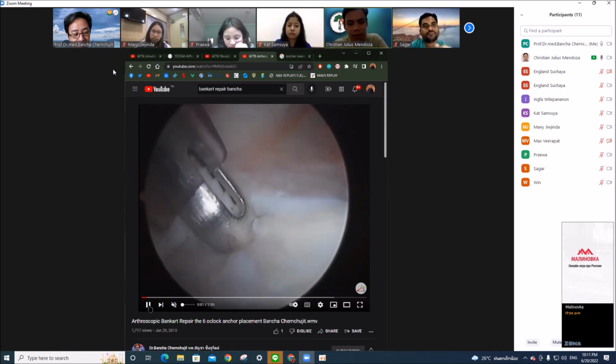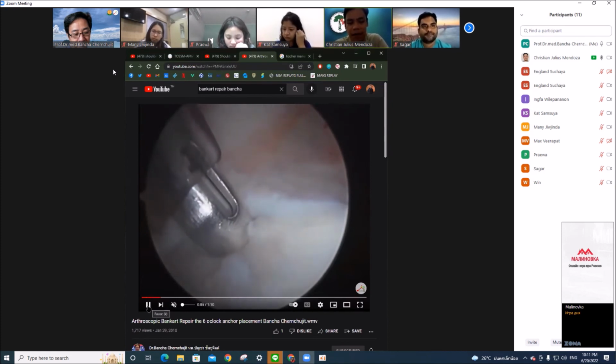The principle of the Bankart repair is to restore the anatomic position of the torn labrum together with the capsule, which will prevent subsequent or recurrent dislocation. We do this using an implant called suture anchors.